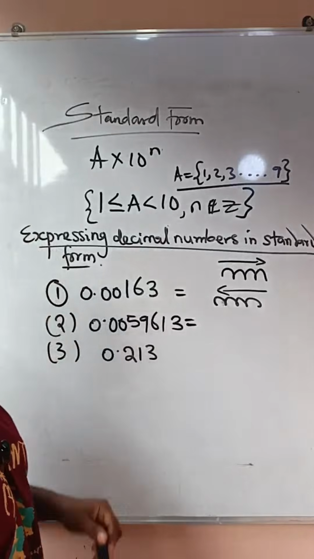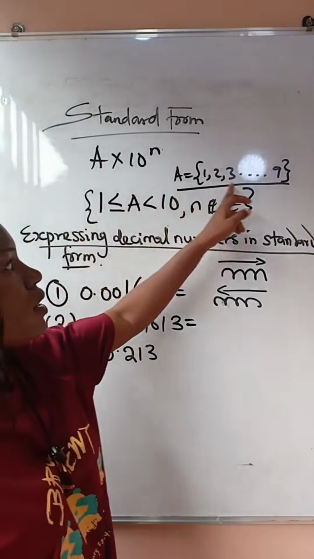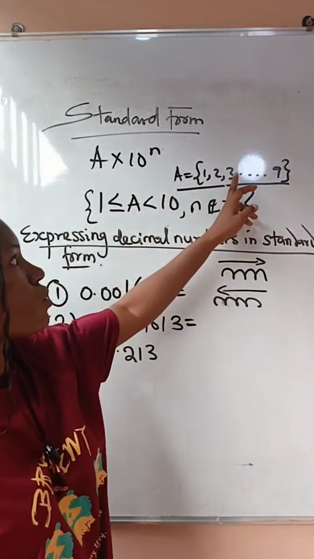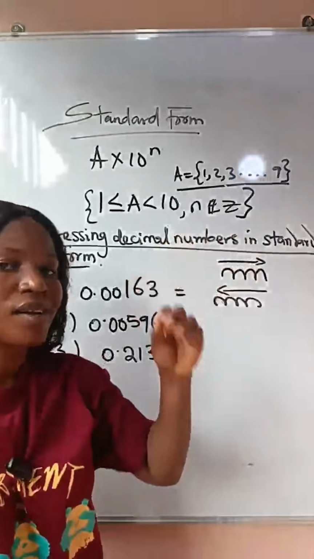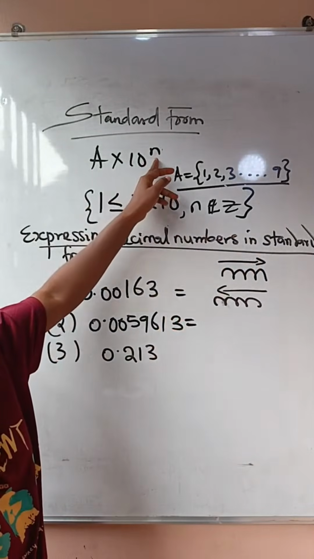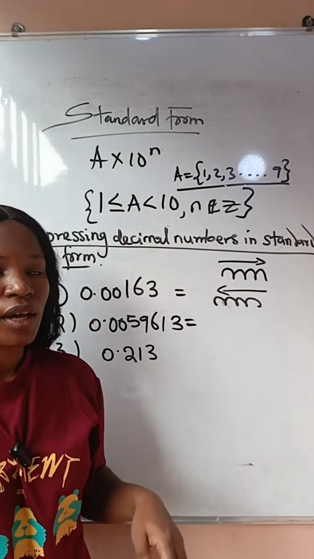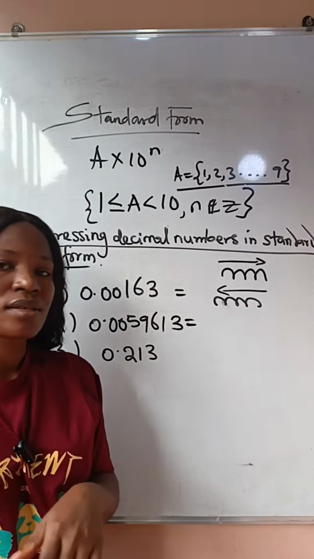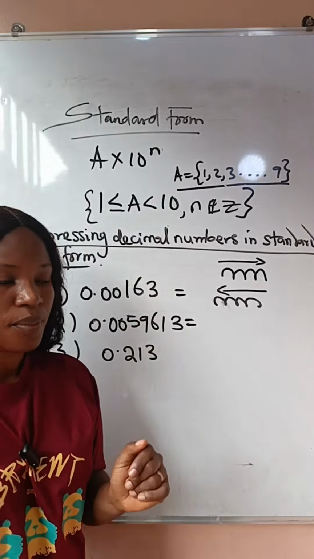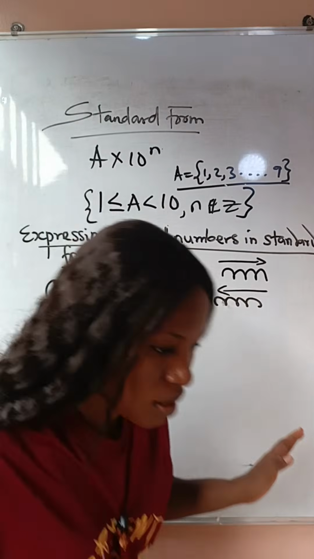Whereby your a is a number between 1 and 9. So it should be 1, 2, 3, 4, 5, 6, 7, 8, 9. It cannot be 10. And your n is an integer, positive or negative. That is positive whole numbers and negative whole numbers. Okay, so that has summarized what we were doing initially.